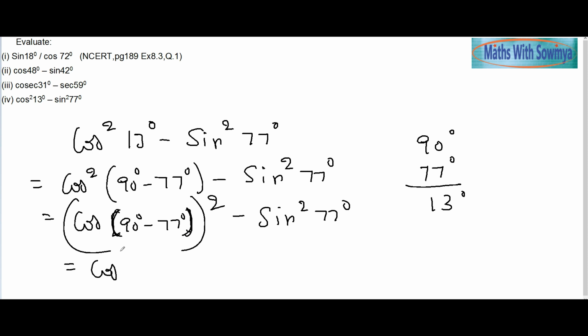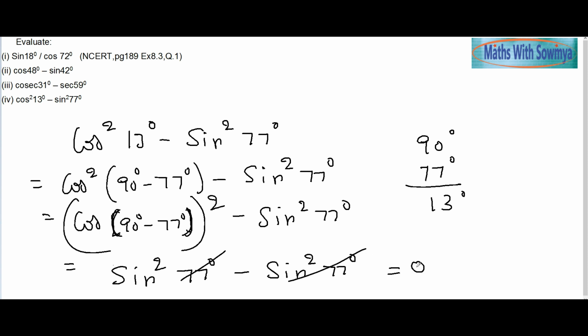Cos of 90 minus theta gives us sin. So the first term becomes sin square 77 degrees, and we have sin square 77 degrees minus sin square 77 degrees. This gets cancelled and we get 0 as the answer.